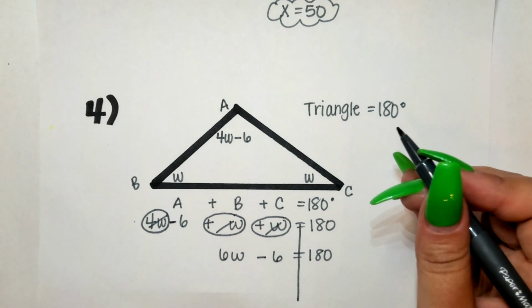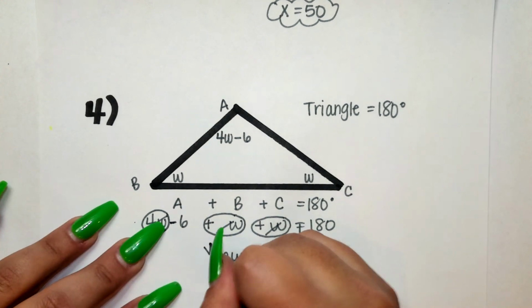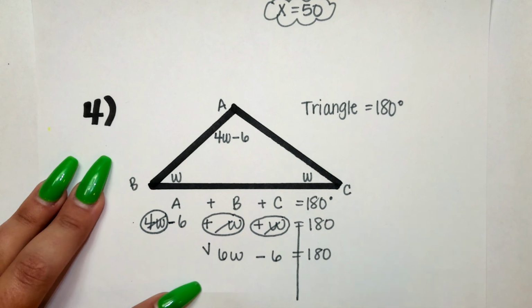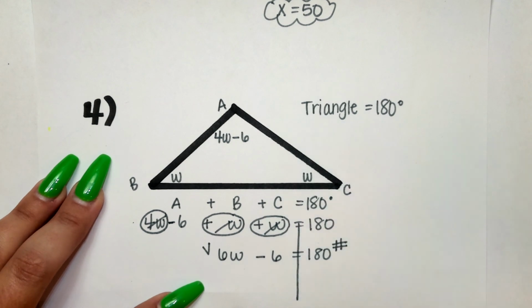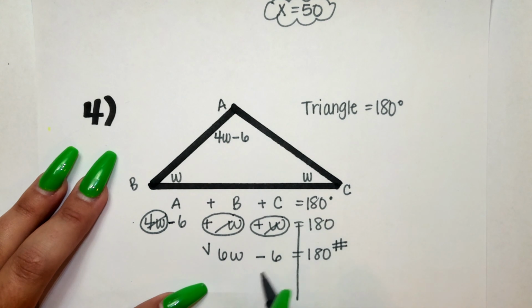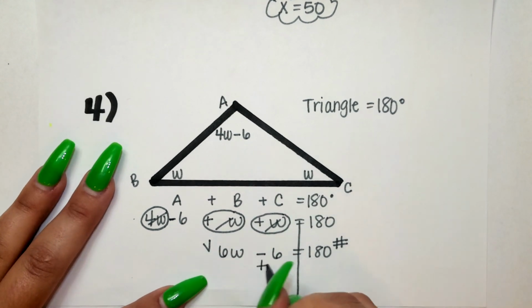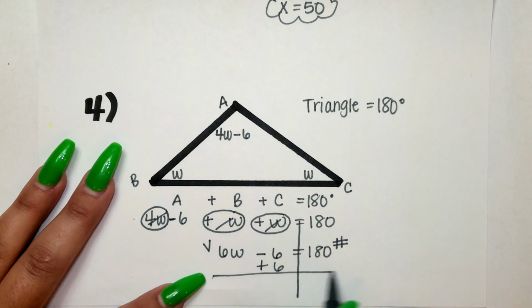Now I can label my sides. This side is my variable side. This side is my number side. I want this negative 6 to be brought over to the number side. So I'm going to add 6 on both sides. My 6's will cancel.